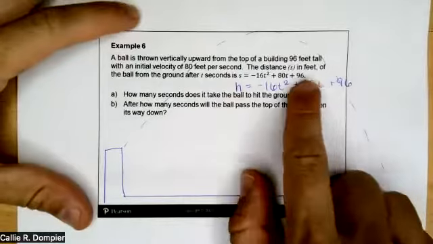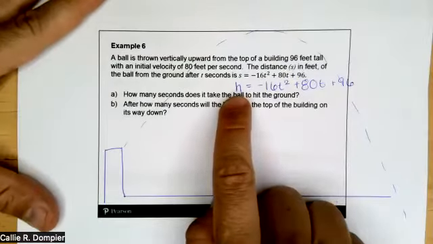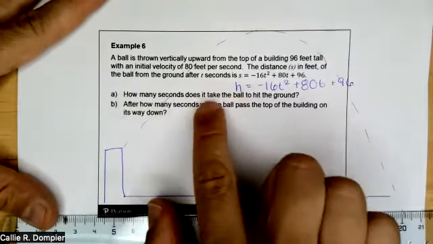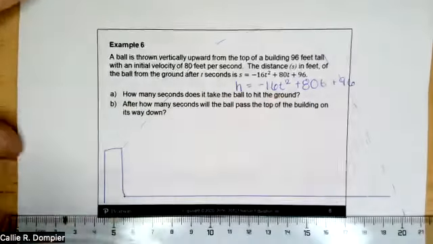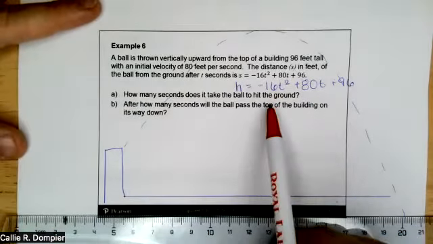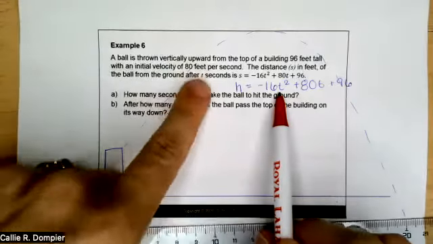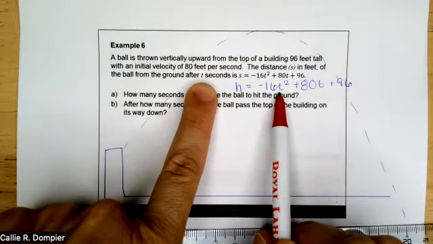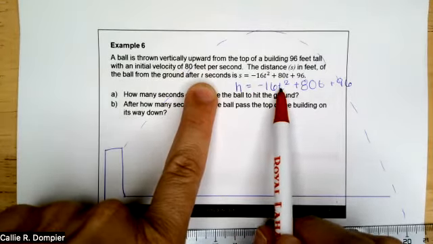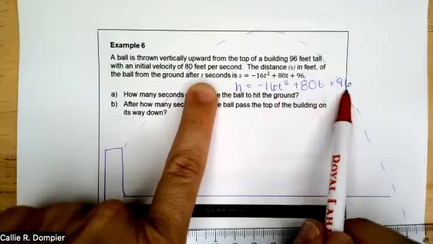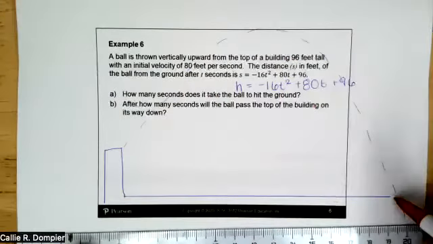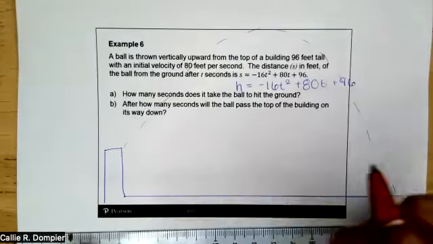So the distance in feet or the height in feet is this, okay? How many seconds does it take the ball to hit the ground? The t are the seconds. T seconds. Good. So the height is negative 16 times the seconds squared plus 80 times the seconds plus 96. So what is the height when it hits the ground?